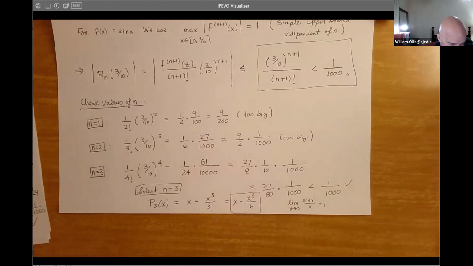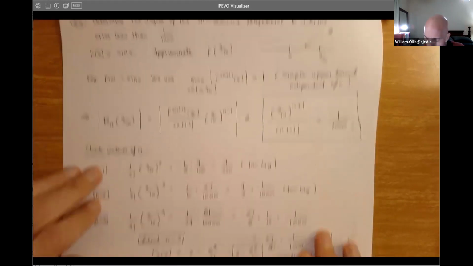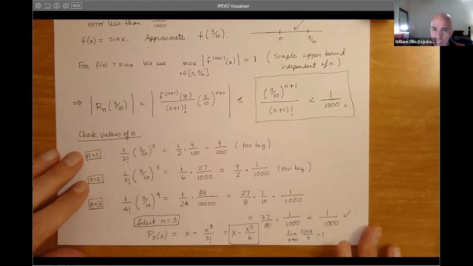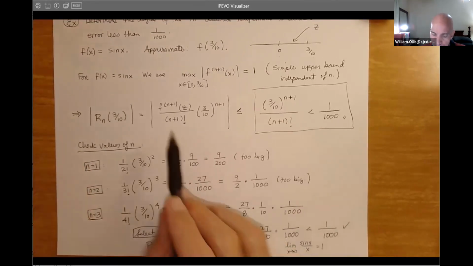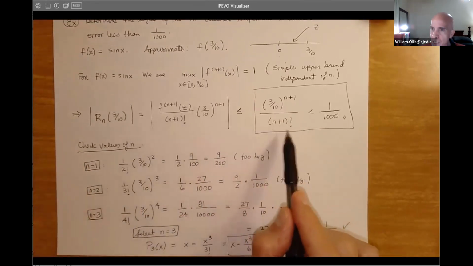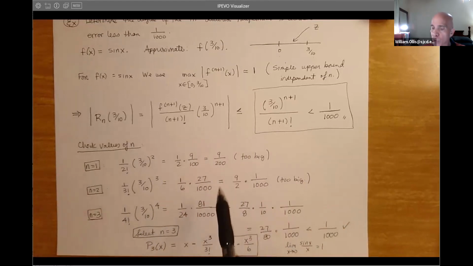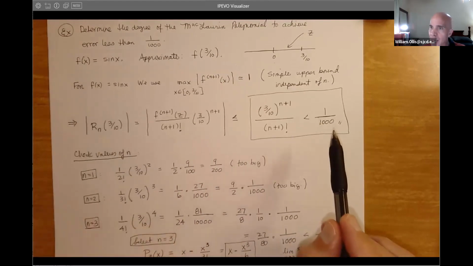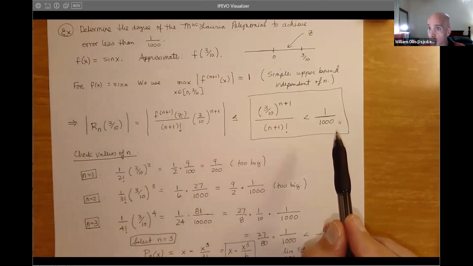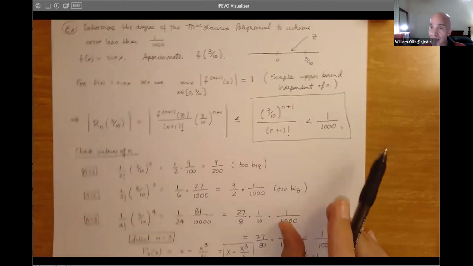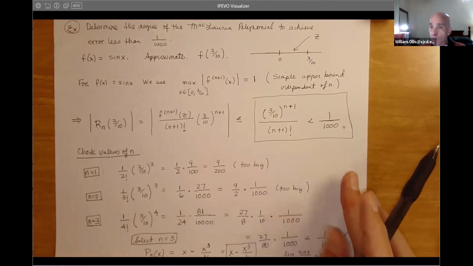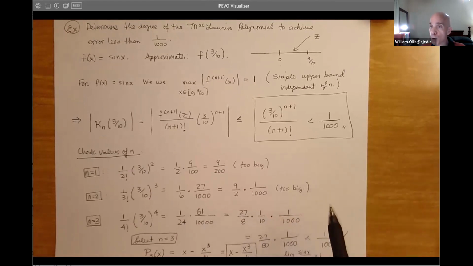Now, there's another example here that I want to go over to finish. So when you're doing these kinds of problems, basically use this as a recipe to analyze the remainder using your c and your x, okay? And then remember, you've got to get a simple upper bound for the derivative, the n plus first derivative.